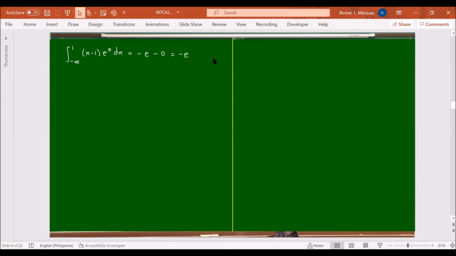Is that clear, guys? So let us have number 2. The integral from negative infinity to positive 2 of x dx over 1 plus x squared.